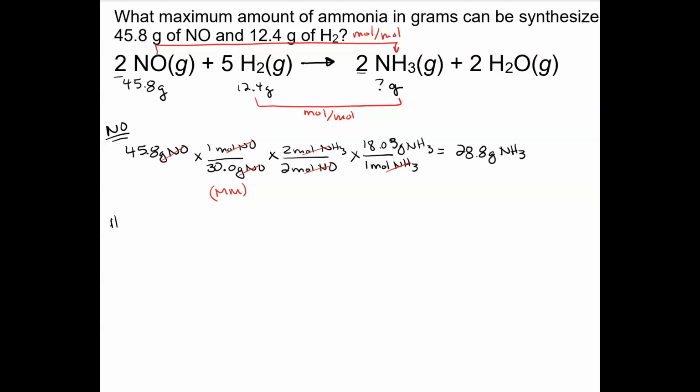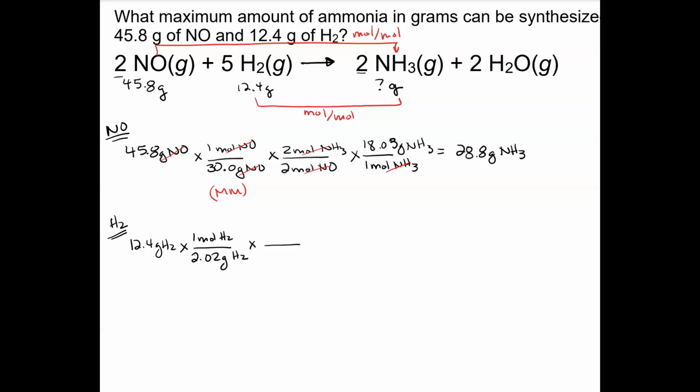Now, because this is a limiting reagent problem, I have to do the whole process over for the other reagent, and in this case that is hydrogen, and I've been told that I have 12.4 grams of hydrogen, and I'm going to go from grams to moles. So it is 2.02 grams of hydrogen per 1 mole of hydrogen. Again, I'm keeping my chemical species together so that I know how to use my stoichiometric units so that they all cancel. Now I want to go from moles of hydrogen to moles of ammonia.